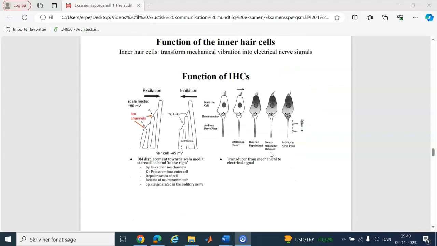And this is very shortly described. We have some stereocilia here. You can see the inner hair cells here.